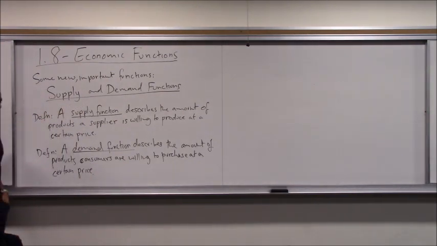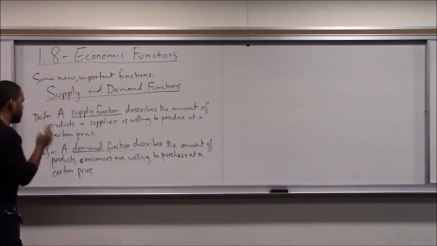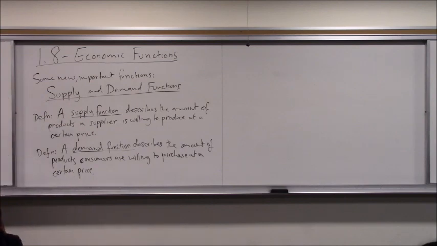So people themselves, the actual consumers, can also decide, well, I'm not going to buy a product if you're charging me this much, that's too expensive. Or as long as you're charging me this, I'll buy the product.